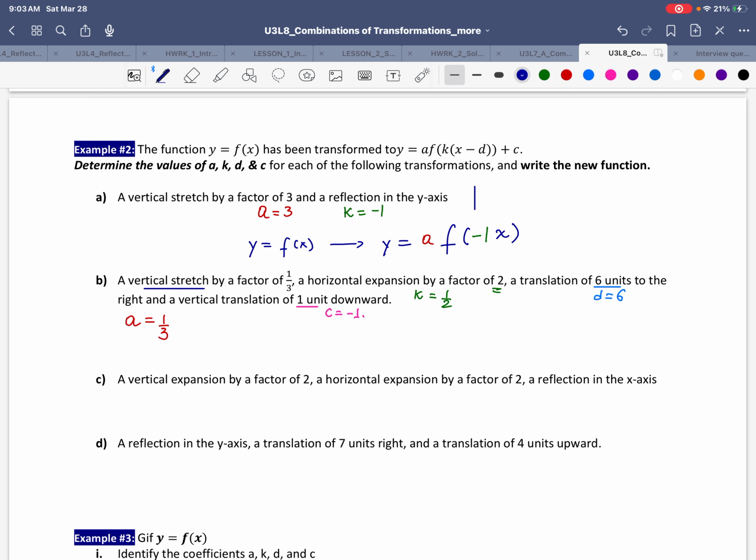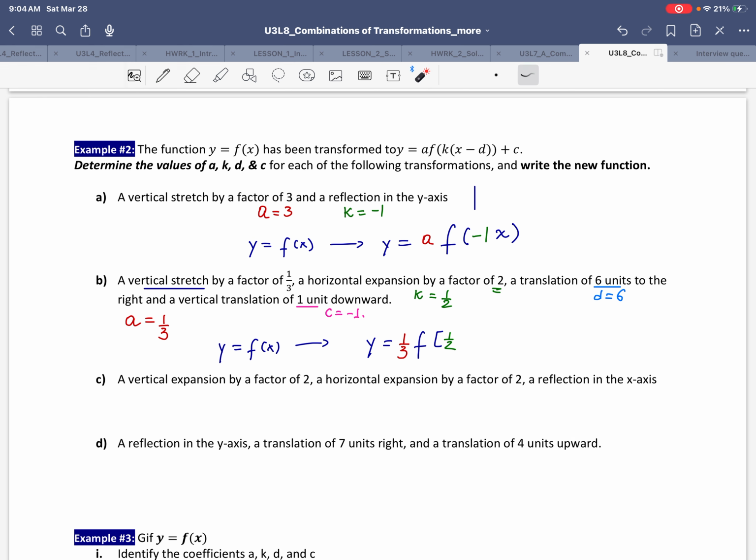So the equation y equals f of x now has changed to become y equals, so we're going to start with coefficient a, which is 1/3. And then we have f, which we don't know. It can be any parent function. And next we have coefficient k, in our case 1/2.